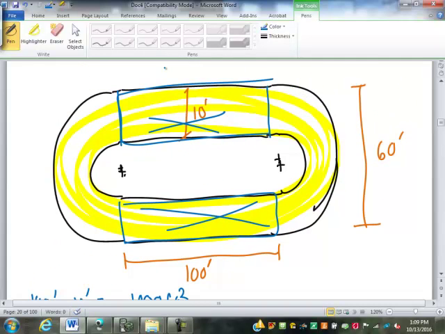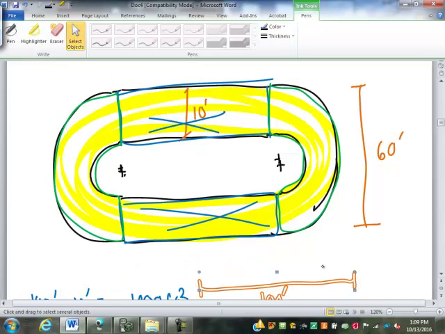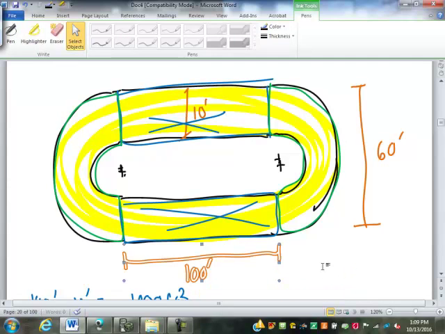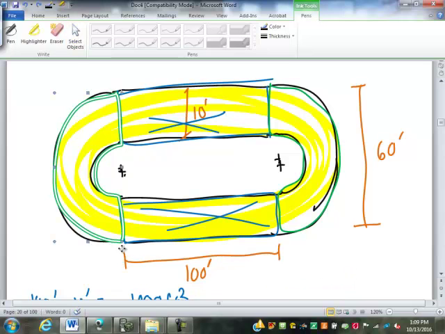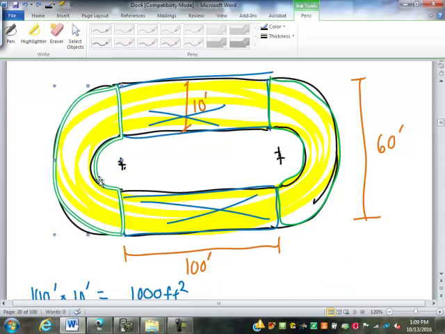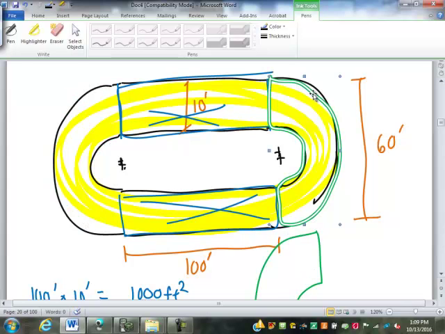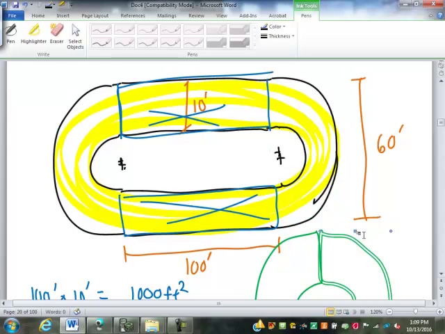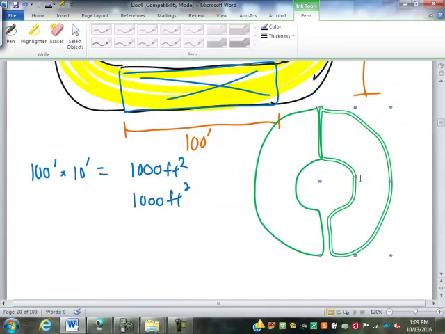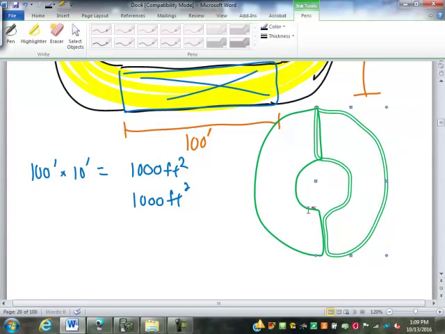But now I got the same type of deal here with these ends. So, when we put them together like that, what do we get?